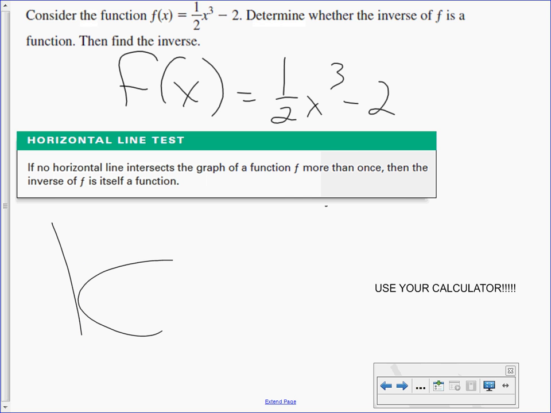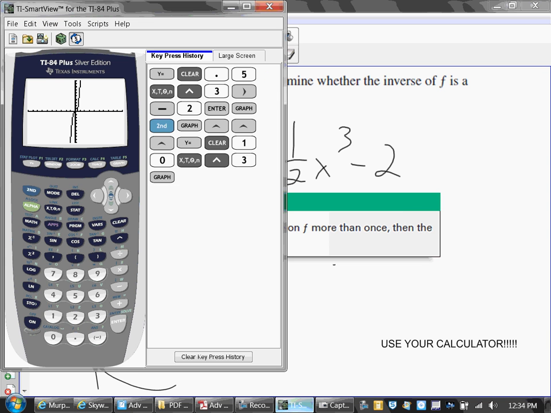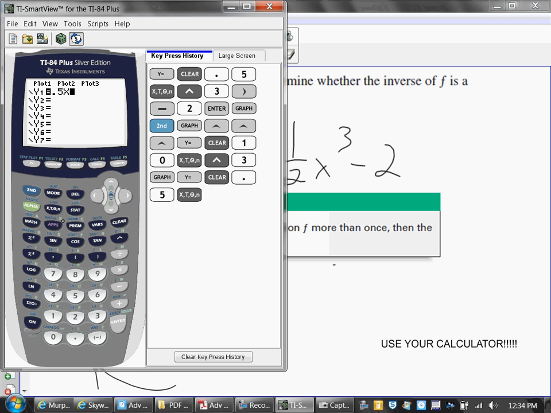So let's take a look at this. In your graphing calculator, I want you to substitute in y equals 1/2 x cubed minus 2. Since it's just 1/2, is it okay if I put 0.5 in my calculator? Yeah. X to the third, and then minus 2.